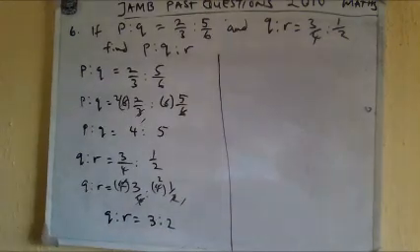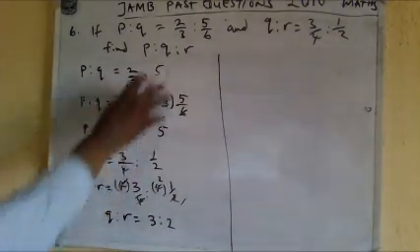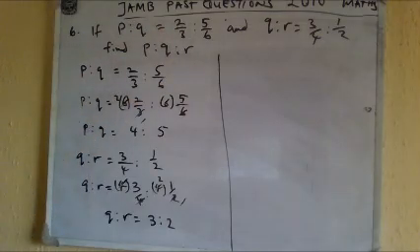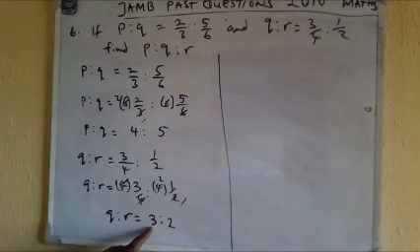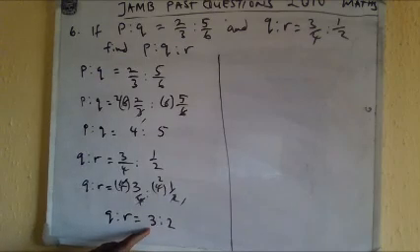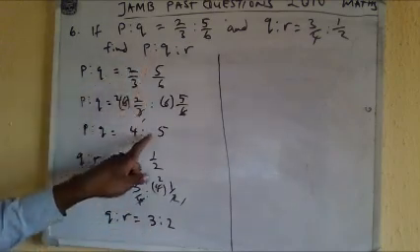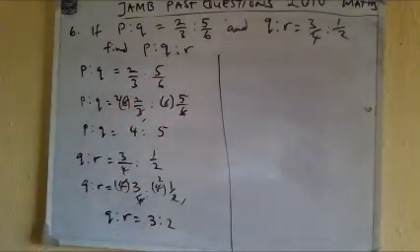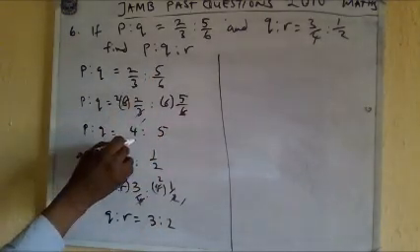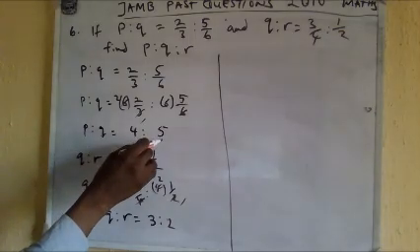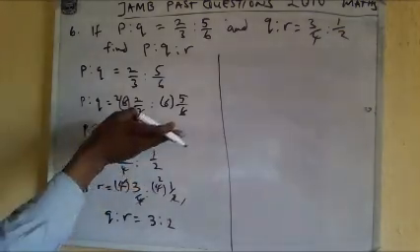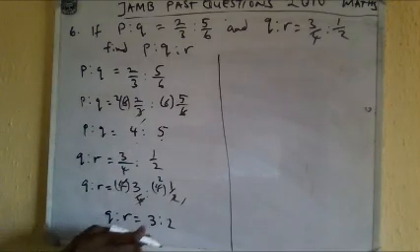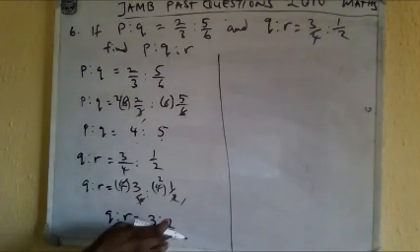So I have two expressions, but we want to make it like P to Q to R. Here, P is 4 and Q is 5 in this expression, while Q is 3 and R is 2.